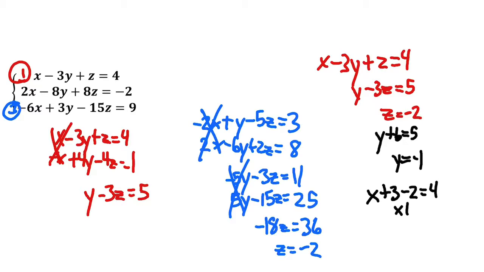That becomes x plus 1 equals 4, which means x equals 3. So our final answer becomes 3, and that kind of looks a little weird. 3, negative 1, negative 2 ends up being our final answer.